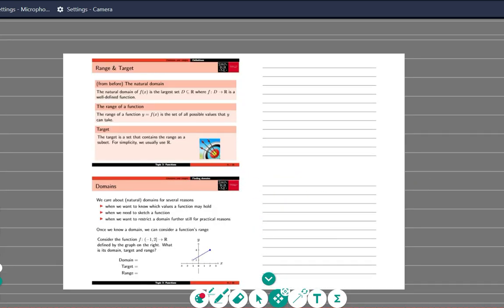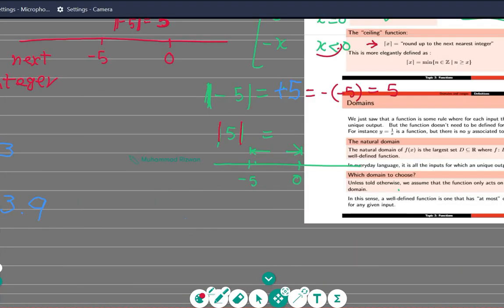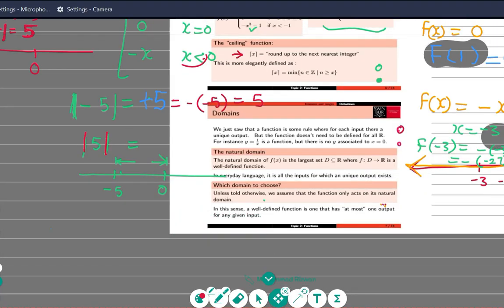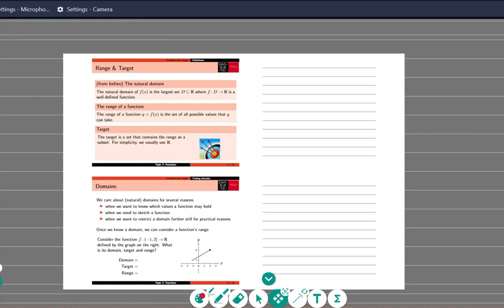I think domain and range is clear. Last time I taught you what a domain is. Sometimes we cannot put certain values in the domain.